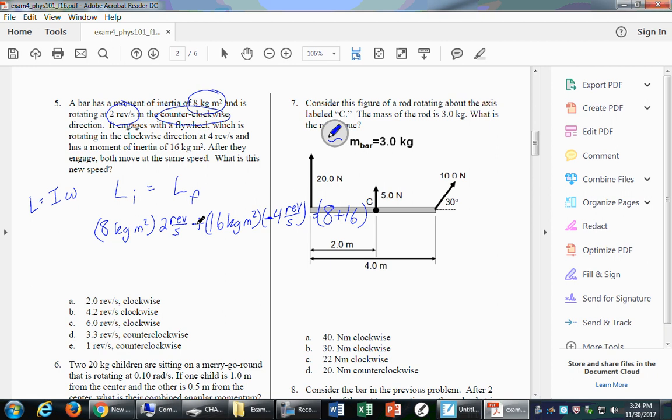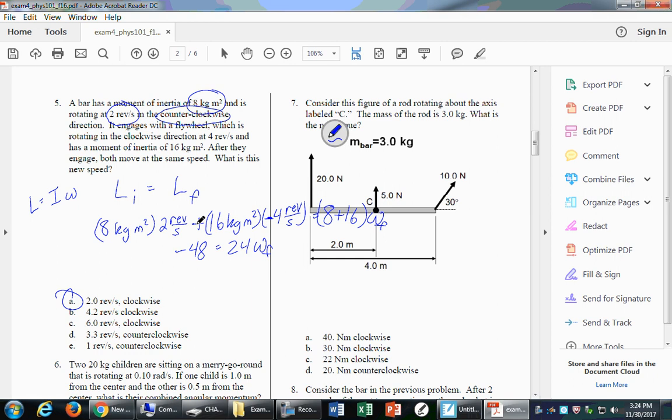That gives the total moment of inertia times omega final. So that's 16 minus 64. Is that minus 48? Equals 24 omega final. So omega final is 2 revolutions per second negative, which is clockwise. A.